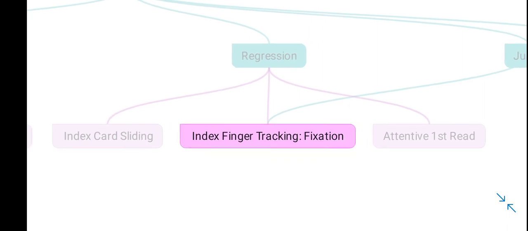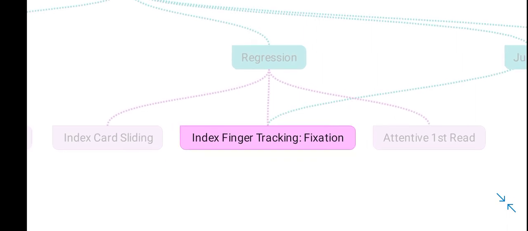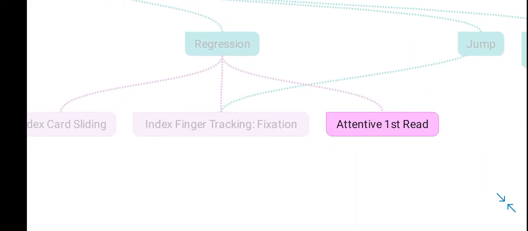Or you can also use your index finger for tracking the text, and it will avoid fixating on the same line and rereading it. Once you use an index card, or maybe your index finger, your mind will be more attentive while you are reading the sentence for the first time, because it knows that you are not going to read it again.